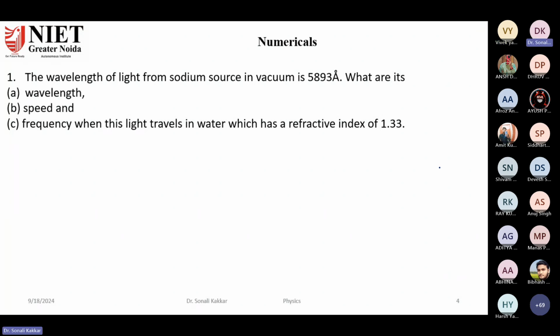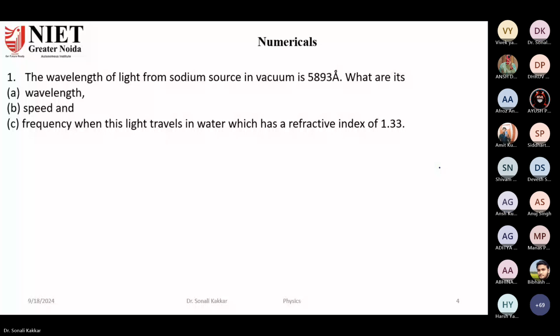Both the answers are correct for wavelength. Others also solve the numerical. The speed is 2.26 into 10^8.